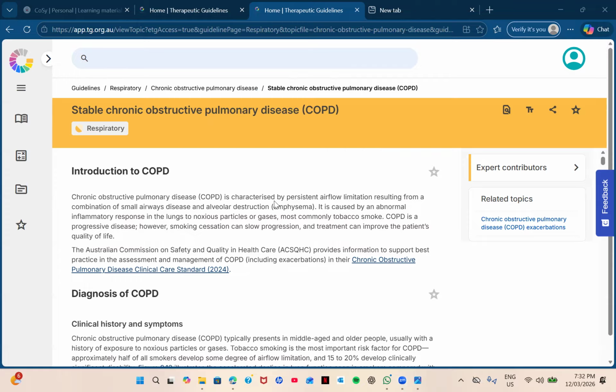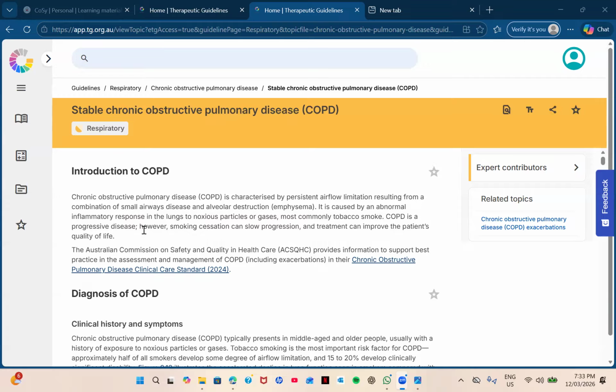Can we reverse the effect of this obstruction? And yeah, it's an irreversible disease, right? But this is long term destruction of the alveolar structure, right? Emphysema, right, doctors? And persistent airflow limitation resulting from the combination of small airway disease and alveolar destruction. We call it emphysema. It is caused by abnormal inflammatory response in the lung to noxious particles or gases.